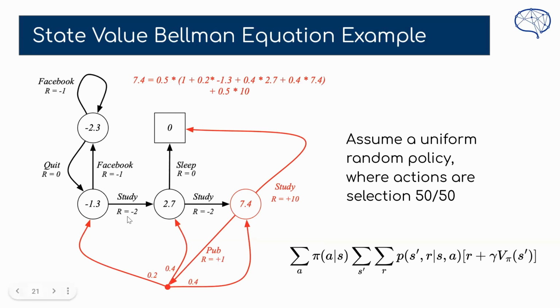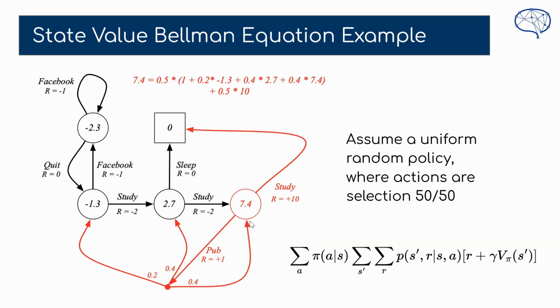And one thing to note is that even though it looks worse because our immediate reward is -2 compared to an immediate reward of -1, we're considering all future rewards as well. So immediately this action might look worse, but in the longer term, it looks better. It's the same thing if you're in this next state. The more optimal action to take would be to study instead of sleep, even though you get a lower immediate reward.